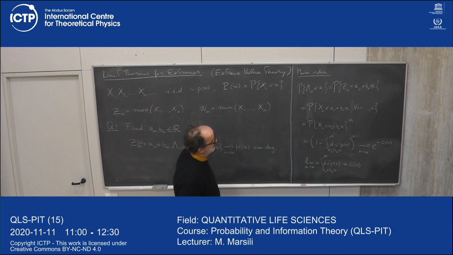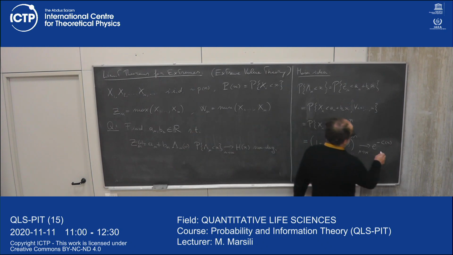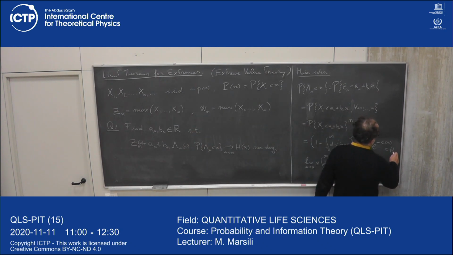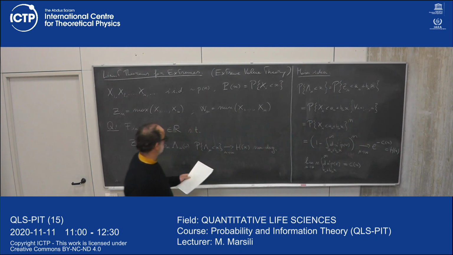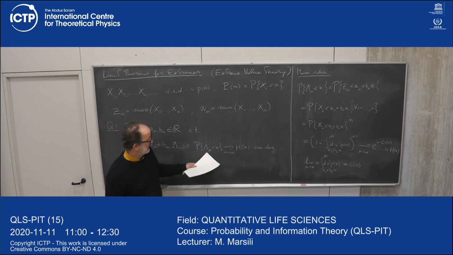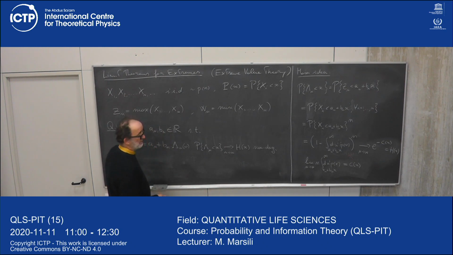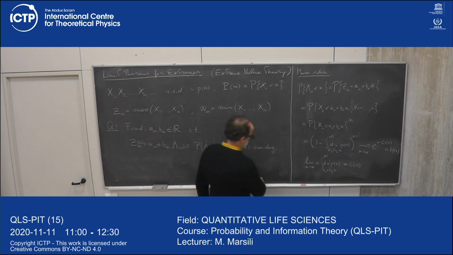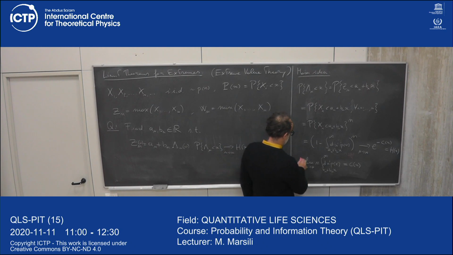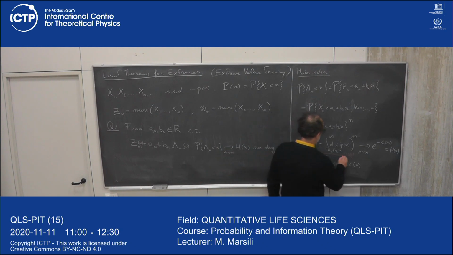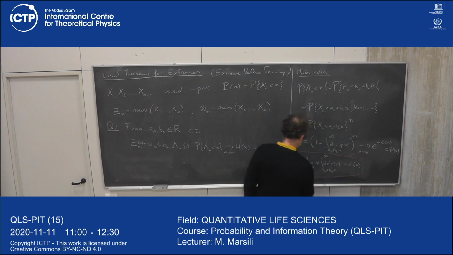And this should essentially be my cumulative distribution of the random variable lambda when n goes to infinity. Okay. So the bottom line is that the condition to find an and bn should be that this limit should be finite.